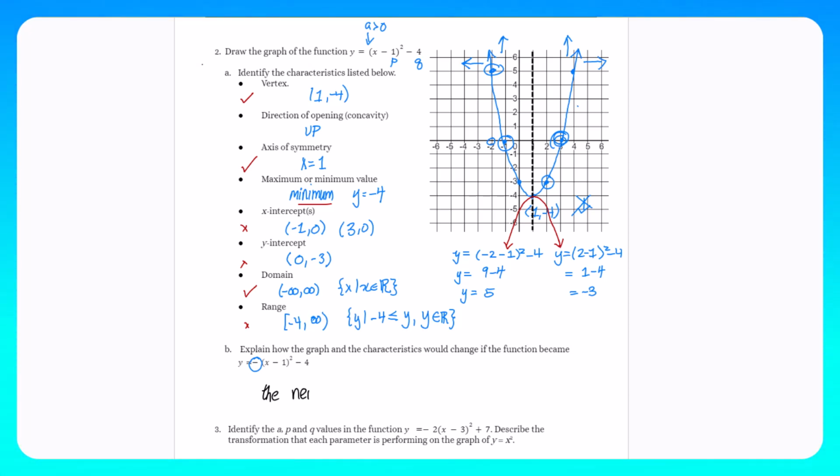the new a value. Oops, that's supposed to be quotation marks. It looks terrible. I don't think that's better, but it is -1. Therefore, the parabola opens down.